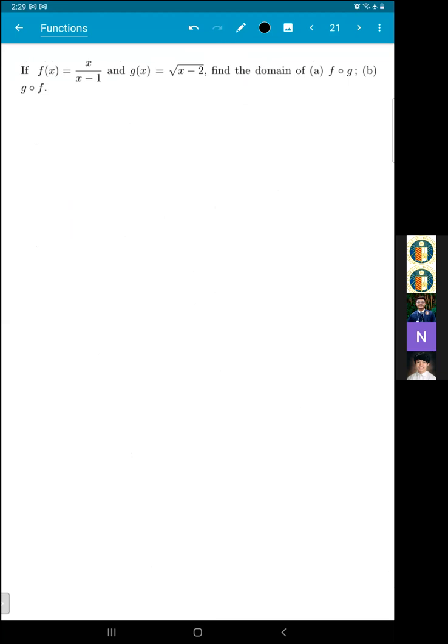Okay, again, you're given two functions f and g here. You're going to find the domain of the composition. And let us first answer letter B this time.